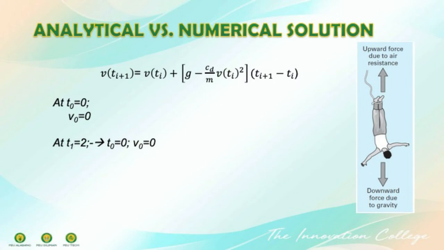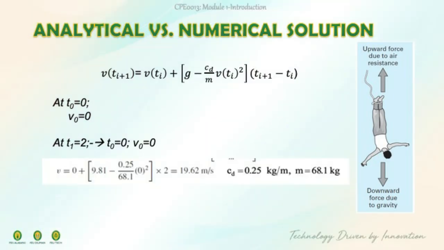By direct substitution, v is equal to 0 plus quantity 9.81 minus 0.25 over 68.1 multiplied by 0 squared, multiplied by 2, which is equal to 19.62 meters per second.